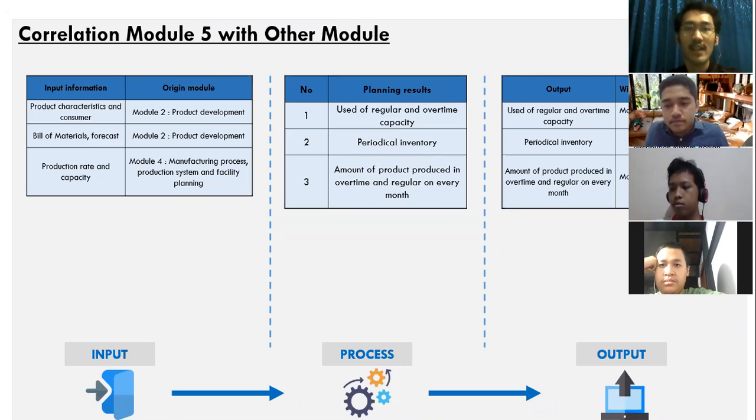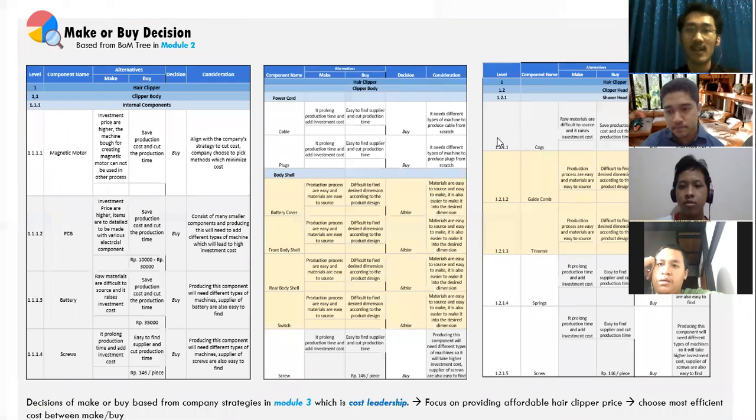In this module, we also process the data using regular and overtime capacity, for making the periodical inventory and the amount of product produced in overtime and regular every month. After that, the output from this module will be used in Modules 9 and 6 about the financial analysis and cost analysis, and also the logistics and distribution system design.